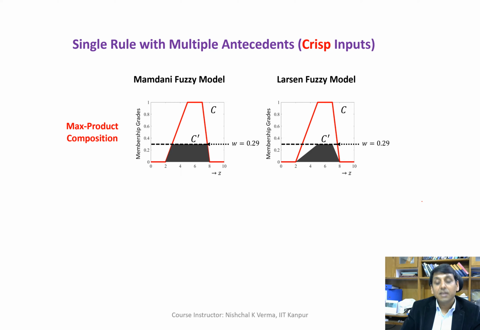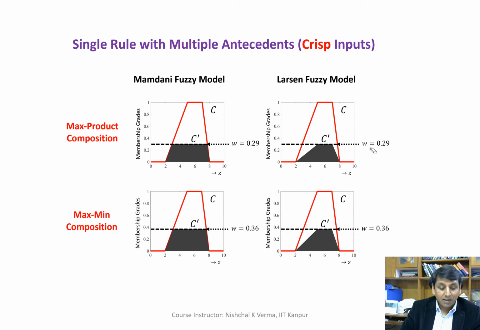Now let us compare all the outputs, when we have supplied the crisp inputs and used the max product composition and max min composition, how these two models, Mamdani and Larsen, are giving the fuzzy output.